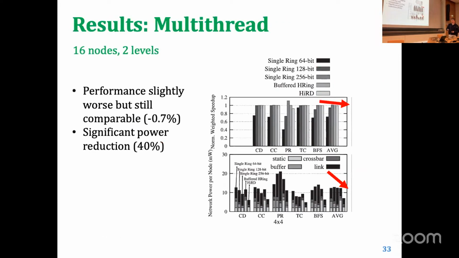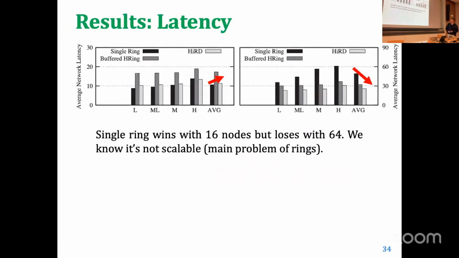The same results apply also for a multi-thread operation. This time the performance is a little bit worse, but the power consumption is much better. And also we can see that very much like a normal hierarchical ring, latency decreases a lot when the size of the network gets bigger.